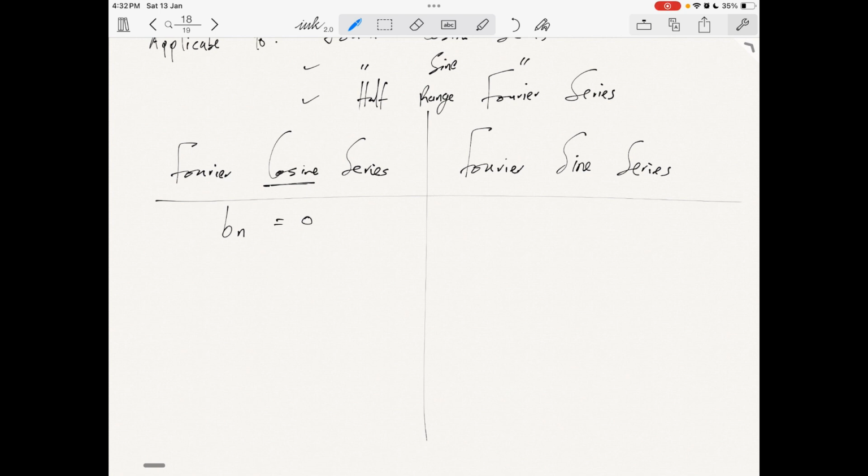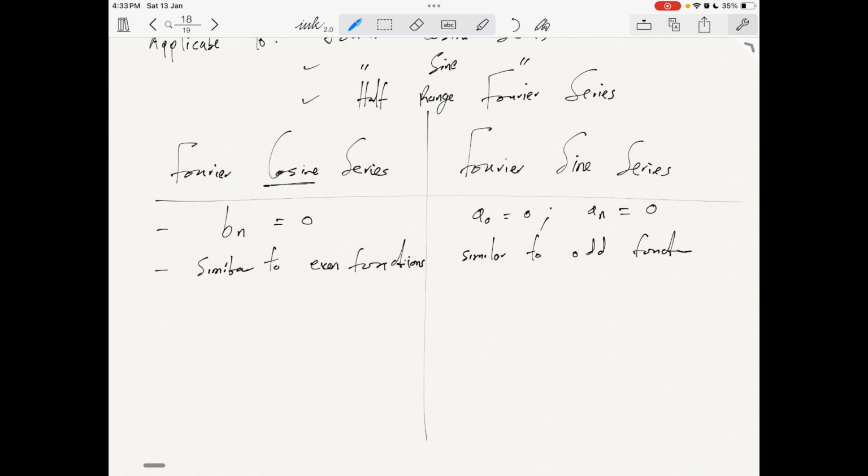And for the Fourier sine series, a naught is equal to 0 and an is also equal to 0, because this is related or similar to even functions, and this is similar to odd functions.